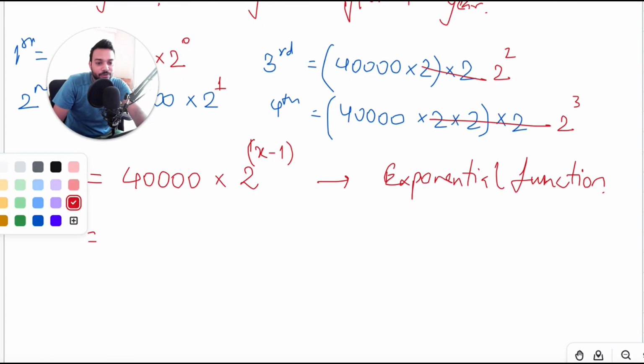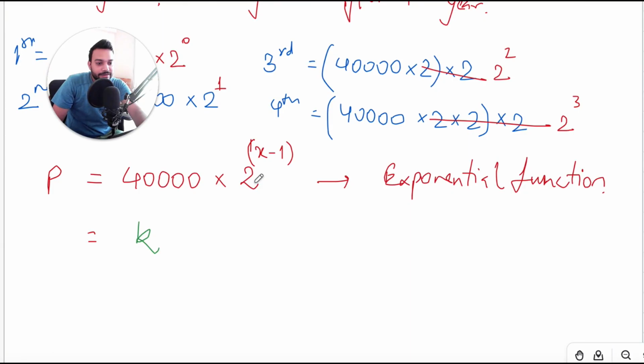If I replace 40,000 with a k, and this base 2 with an a raised to the power x minus 1, let's say x minus 1 can be written as t. I can say t is equal to x minus 1. Now P becomes a function of t, the number of years passed.